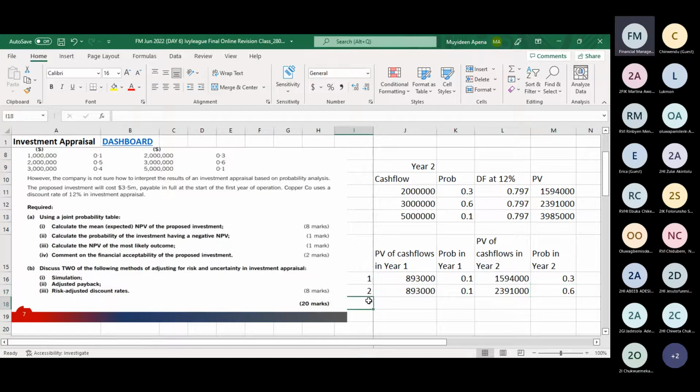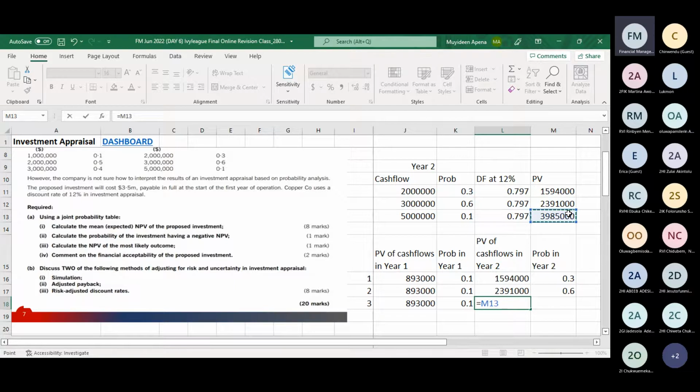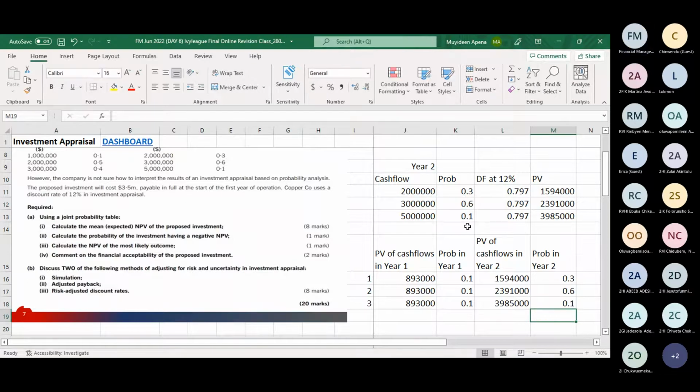The third scenario is that while this is still maintained in year 1 at the same probability of 10%, the situation may change to 3,985,000 at a probability of 10%. So for each one, we would have three scenarios.